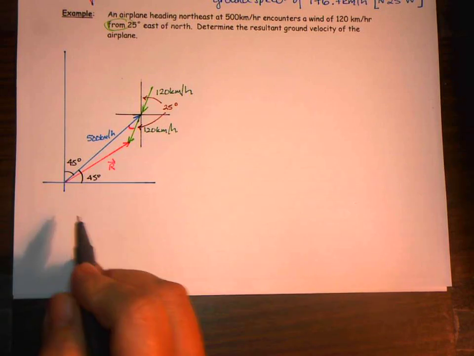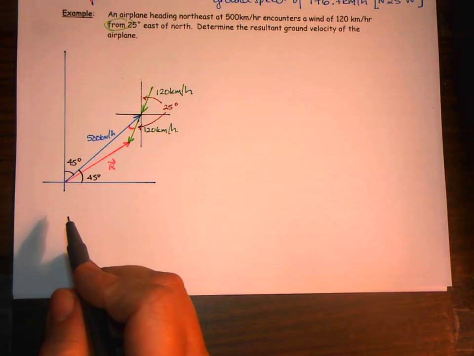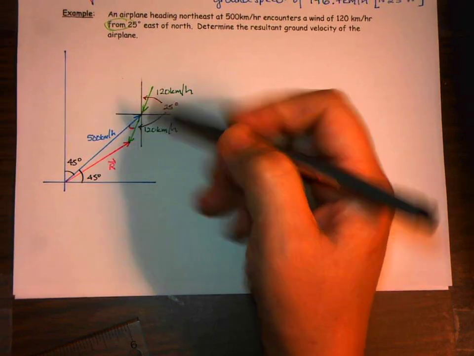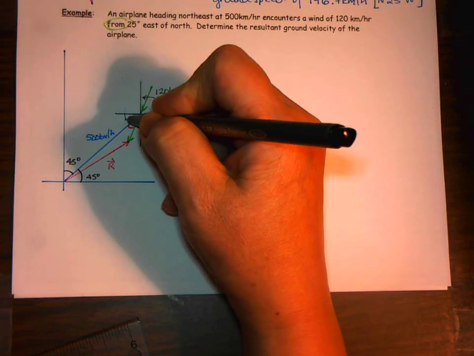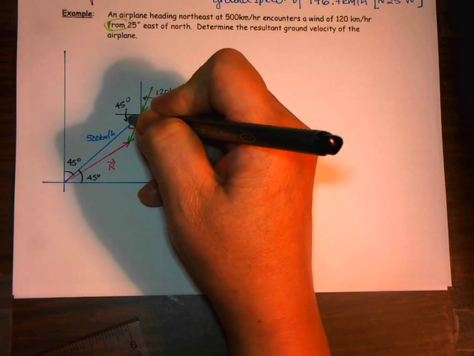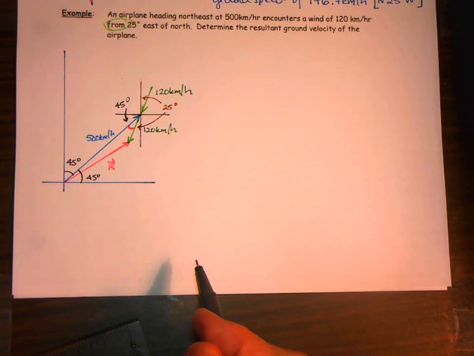Well, if you recall your Z pattern, here's your Z pattern right over here, and this angle here must be equal to 45 degrees as well, right in here. So once you have that, then it becomes easy to find out the missing angle.